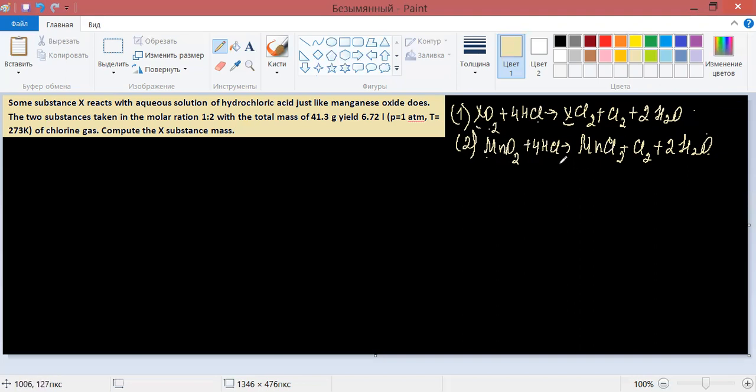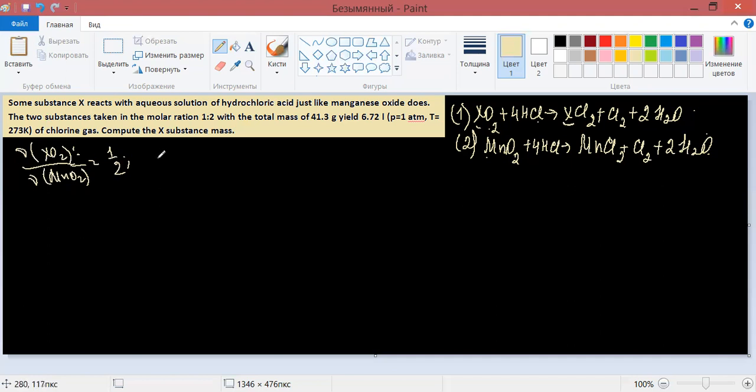Okay, now from the problem situation, we know that the amount of XO2 corresponds to that of manganese oxide as 1 to 2, right?